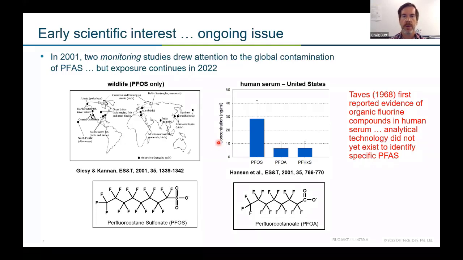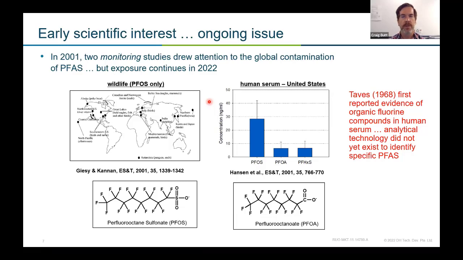This one started out with human serum from the United States, but certainly we know we can measure PFAS in human serum from throughout the globe. And this showed us that PFAS were getting into the environment, building up through the food chains, and then accumulating quite high up.